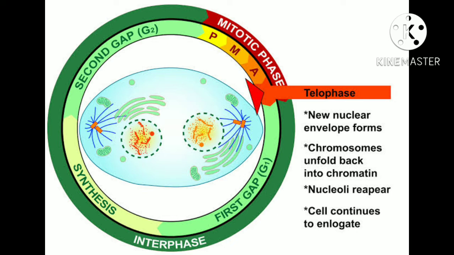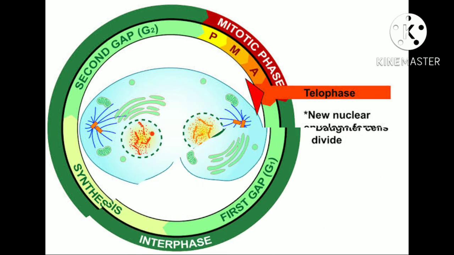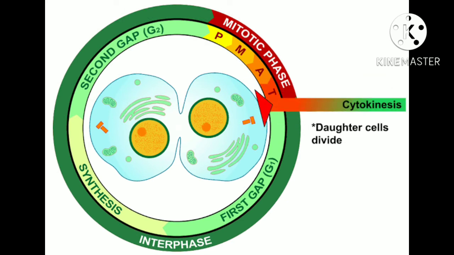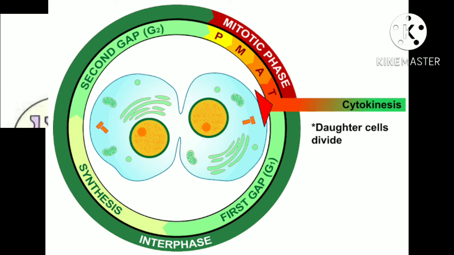It is a process wherein the spindle disappears and the nucleus reforms around each set of chromosomes. For the final process, the cell undergoes cytokinesis. It is a part of the cell division during which the cytoplasm of a single eukaryotic cell divides into two daughter cells.